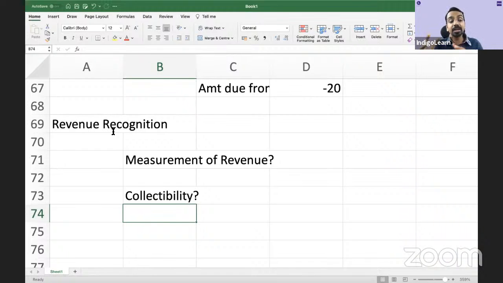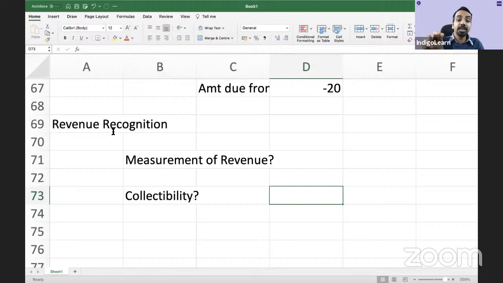Or a bank has given, let us say, a loan to a customer which is in a default mode, but still they have given some loans so that they may survive and be able to repay. They have just taken some risk, and their collectibility may not be certain, right? So you have to check whether collectibility is certain or not. Or you have given a loan for one period, you have got the interest, for the next period you have not got the interest. So there again you need to check collectibility, right?